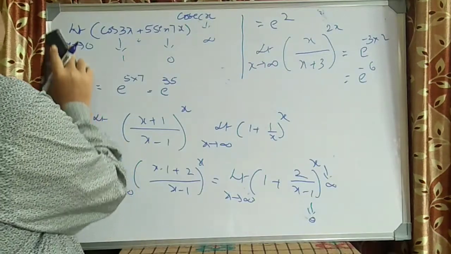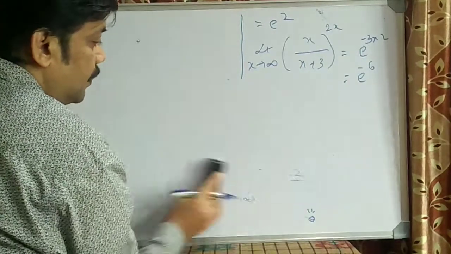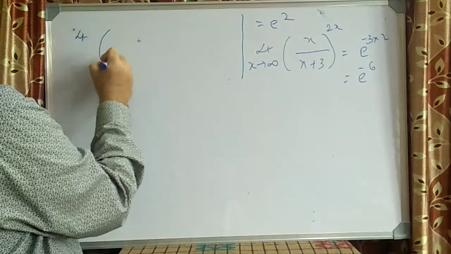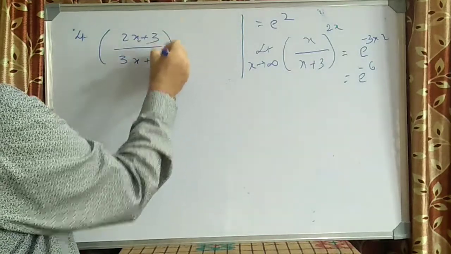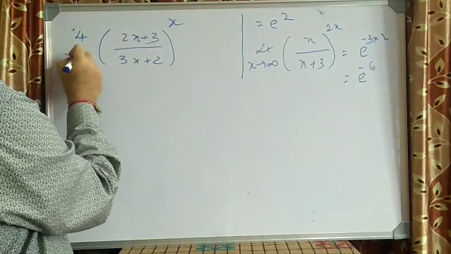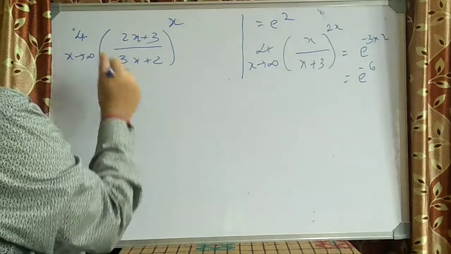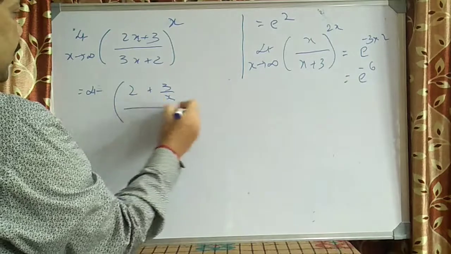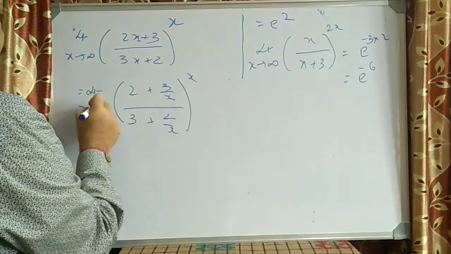You may be having a doubt in this model that if the coefficients of the x are different. Now observe that limit (2x plus 3 by 3x plus 2) whole to the power x as x tends to infinity. If I change this, I will convert this into (2 plus 3 by x) by (3 plus 2 by x) whole to the power x as x tends to infinity.